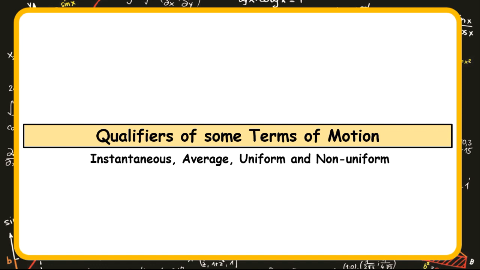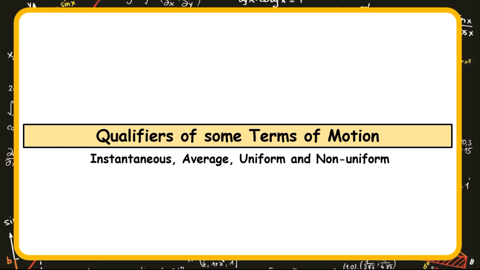Let's look at the last aspect where some of these terms have qualifiers. They have gotten other terms in front of them to enhance their meaning or to modify their meaning. And I call that qualifiers of motion.